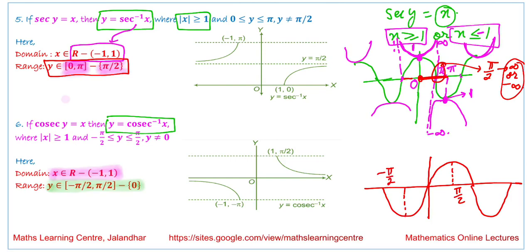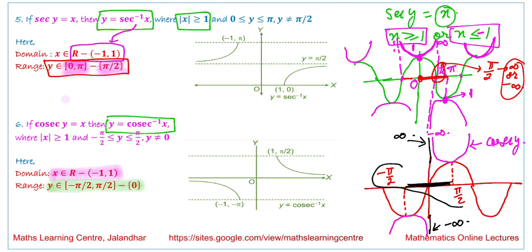Now if we plot the graph of the function, these are the graphs of the function cosecant of y. If we are restricting to the interval from minus pi by 2 to pi by 2, we can see that at this point 0, this is approaching minus infinity and this is approaching infinity.